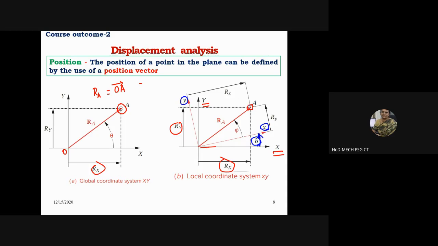The point has not moved. Now, with reference to the new coordinate system, the position of A will be small rx and small ry. You can always establish the relationship between Rx and Ry.